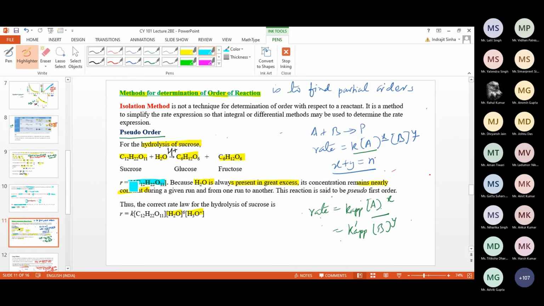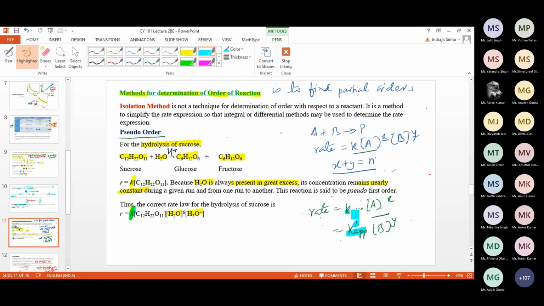Obviously, this K is not the same as this K. That is why I have also written K app prime over here.